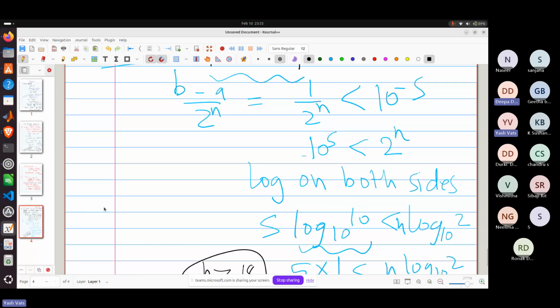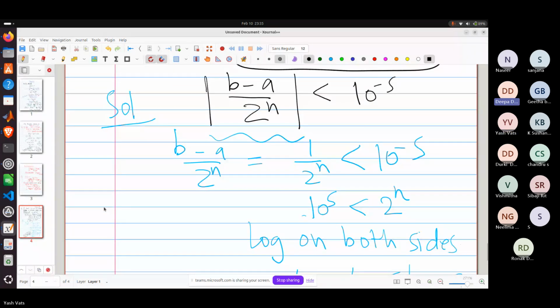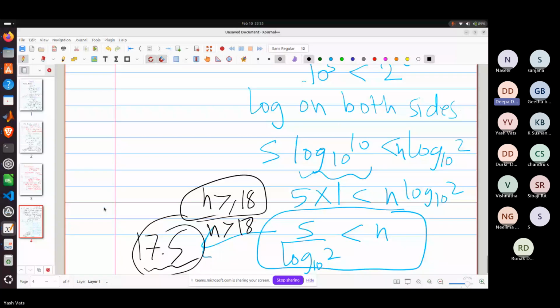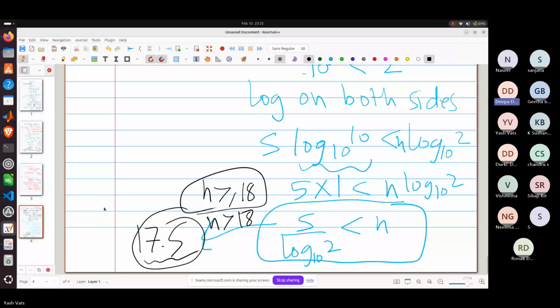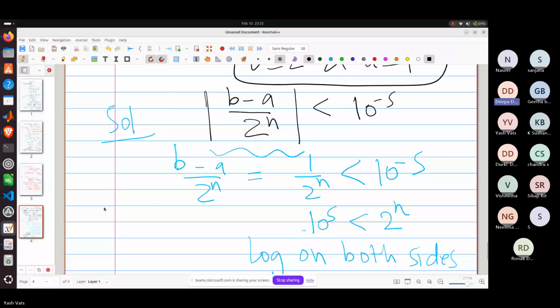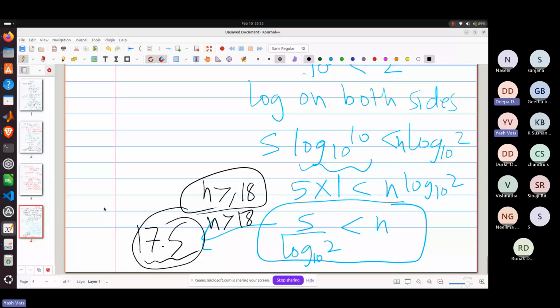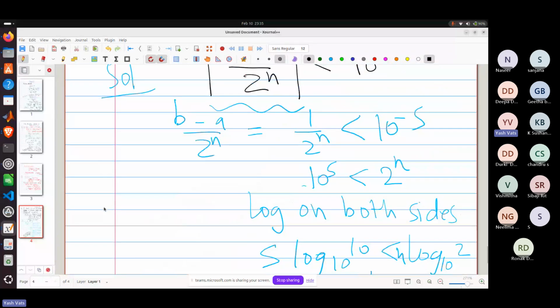The value of f at the 10th iterated root is 0.0062. So it's not very close to 0, and not even close to 10 to the power minus 5. Till the 10th iteration, we don't get this. But if you go to 18 or 19, I think you will get this accuracy.